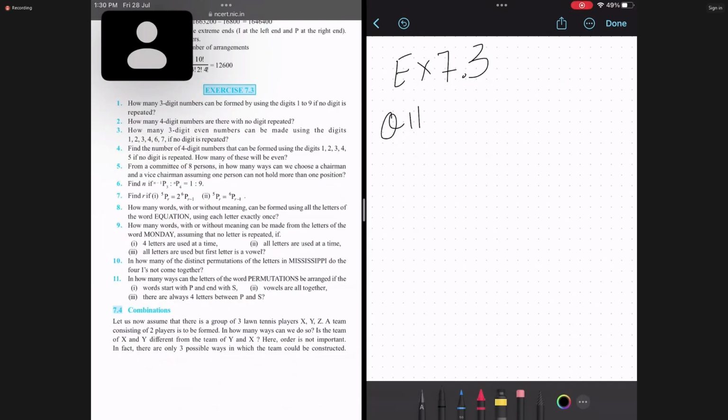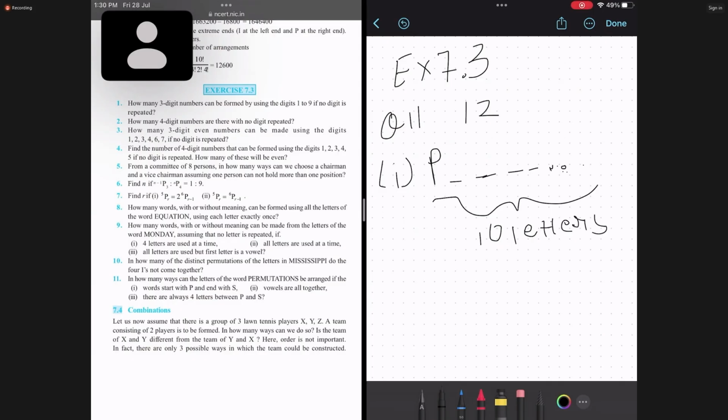So we have 12 letters, and the only letter that is repeating is T, we have 2 T's, right? So for the first part, we have P in the beginning, 10 letters here, and S at the end. We need to calculate how many ways we can permute when P and S are the starting and ending letters, right?